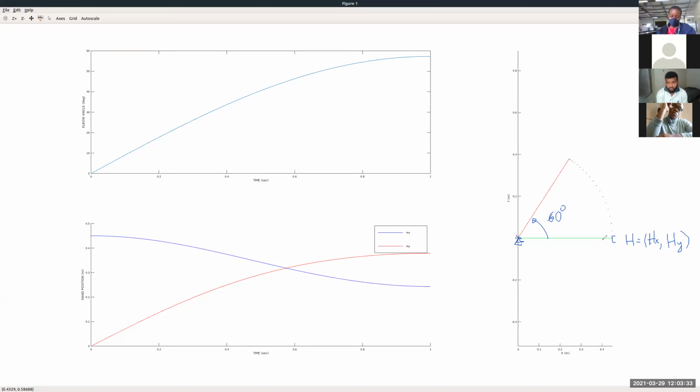So that means that when you're horizontal, H is equal to HX totally, and your HY is 0. Okay? So anyway, as you go here, you always have HX and HY components, correct?